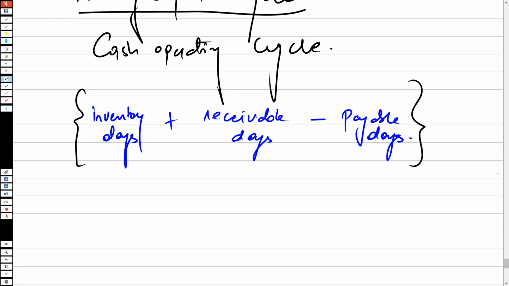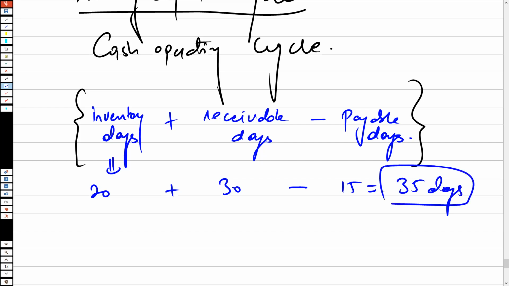Now, obviously, let's say if you have got inventory days of 20 days, receivable days of 30 days, and if you've got a payable days of 15 days, so resultingly you would have 35 days as the cash operating cycle. What are you gonna get?